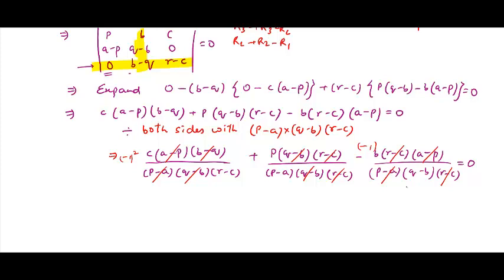So this expression now simplifies to c upon r minus c plus p upon p minus a, and minus of minus becomes plus, so we get plus b upon q minus b equal to 0.